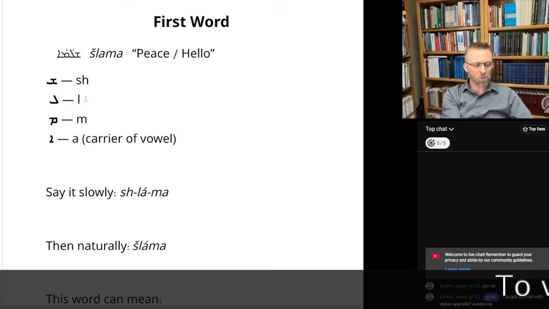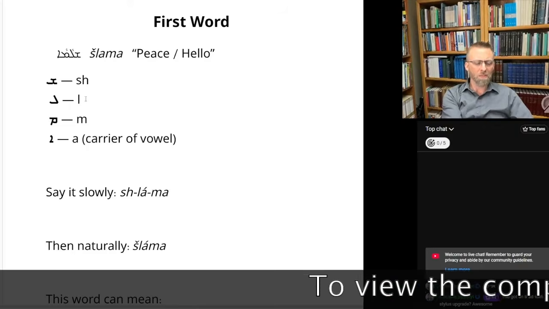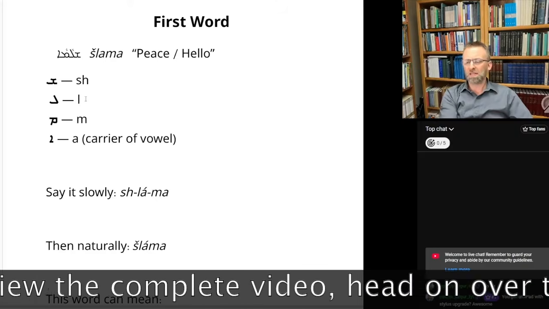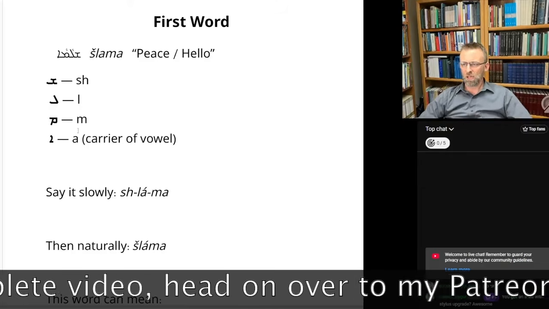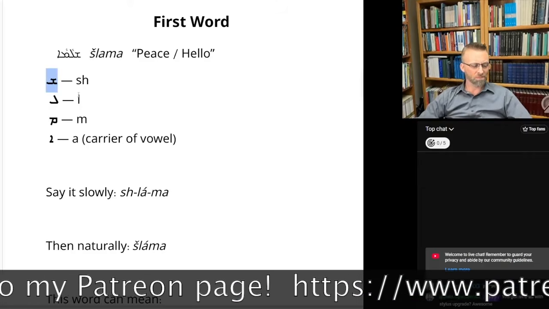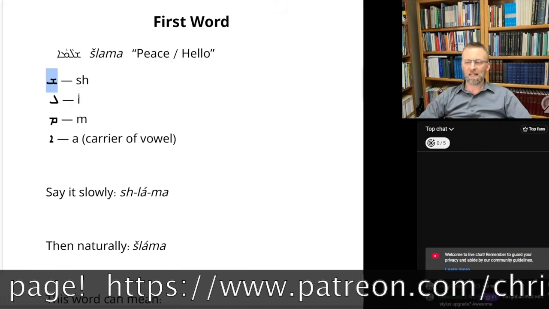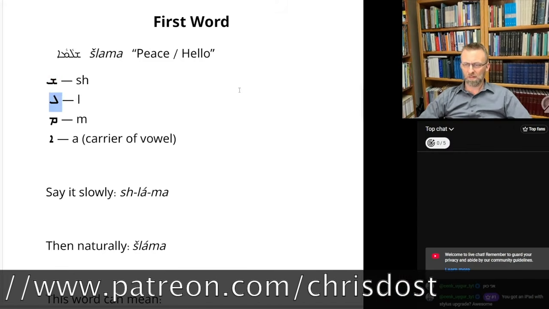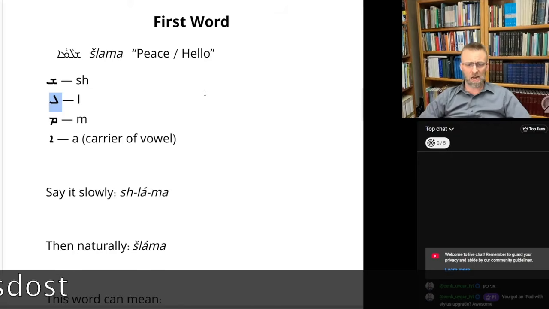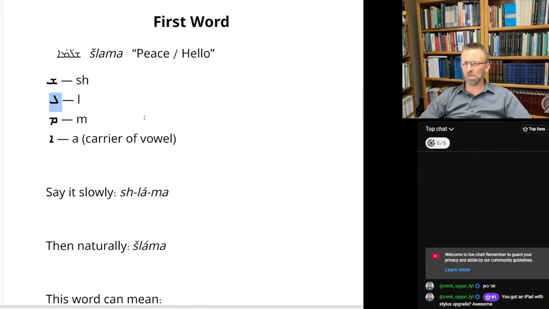We just want to know what sound they make. So we've got sheen, that's our first one. And then we've got lameth, which is going to make an L sound, like in lovely. It's so lovely that you're all here.